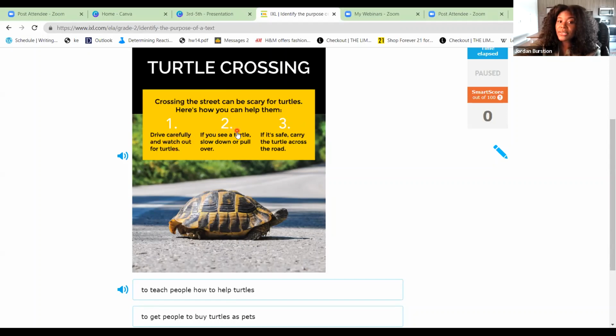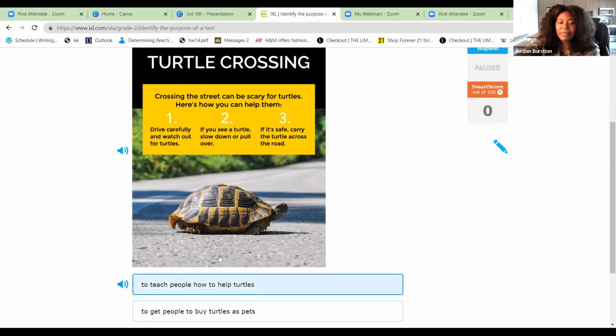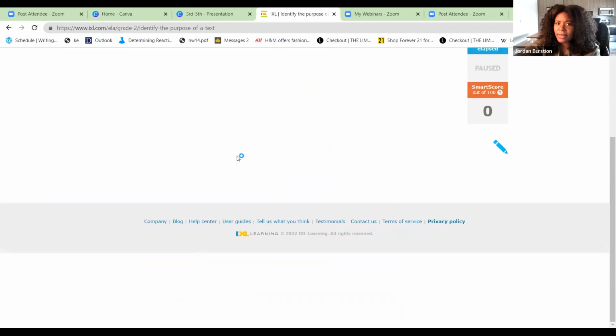If you see a turtle, slow down or pull over. And if it's safe, carry the turtle across the road. Now make sure you wash your hands after you touch the turtle if you get out and carry it. So I agree with your second answer where you said to teach people how to help turtles. Awesome. Emery, have you ever seen a turtle in real life?